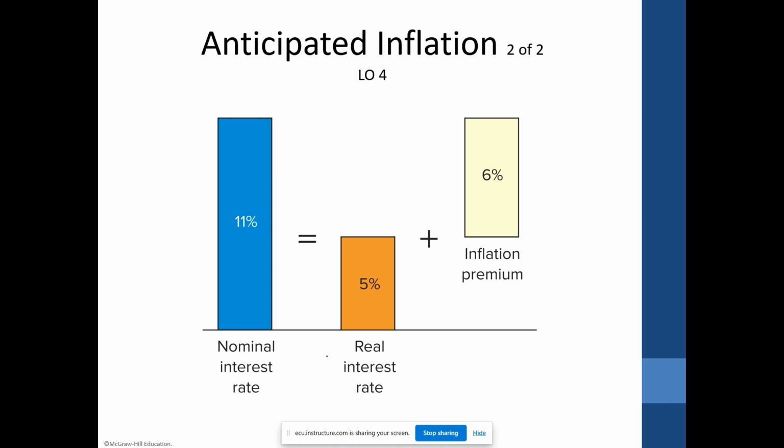The expected rate of inflation gets built into the nominal interest rate. Here, the nominal interest rate of 11% comprises the real interest rate of 5% plus inflation premium of 6%.